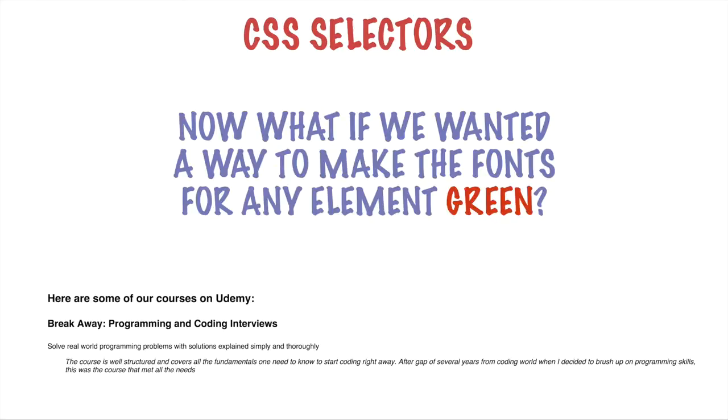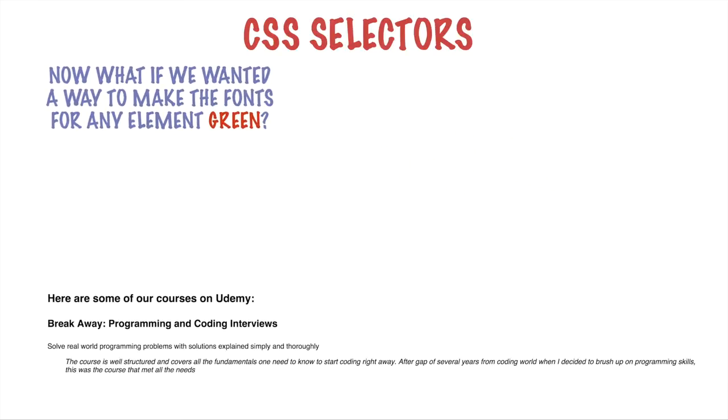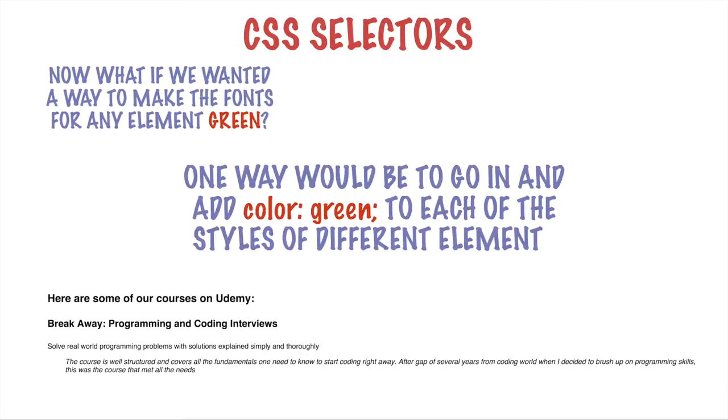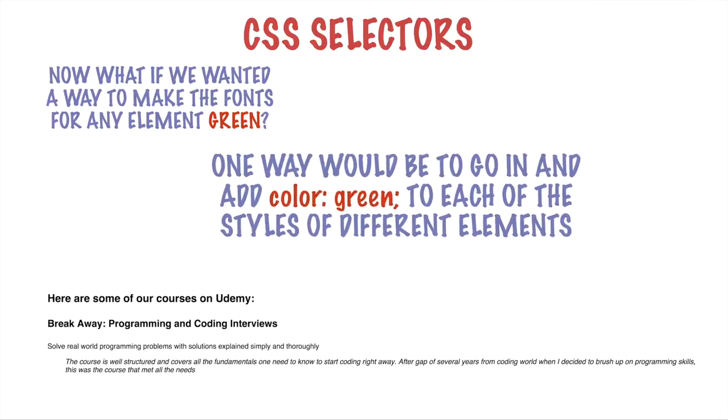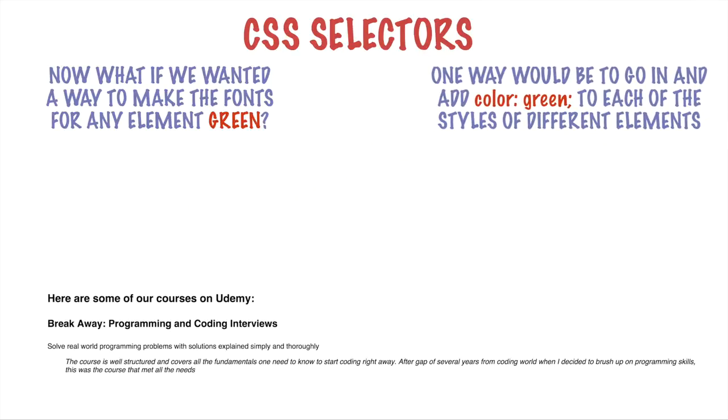Now, given this setup, what if we wanted a way to make the fonts for any element green? How would we go about doing this? Well, one way to do this would be to go in and add the assignment color: green to each one of the styles that we already have.